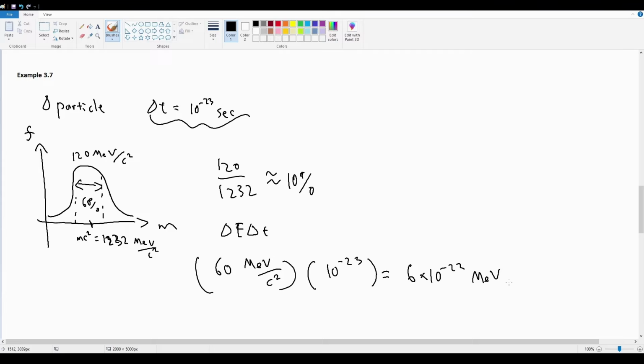MeV. And if you actually consider the minimum possible value, because remember this has to be greater than or equal to h bar over 2, well, it turns out h bar over 2, if you plug in h bar in terms of mega electron volts, is going to give you something like 3 times 10 to the negative 22nd mega electron volts. And this value is only twice as big as the minimum value.